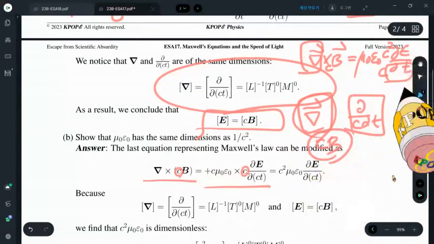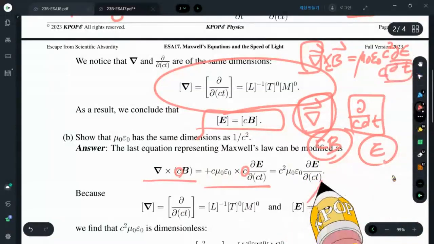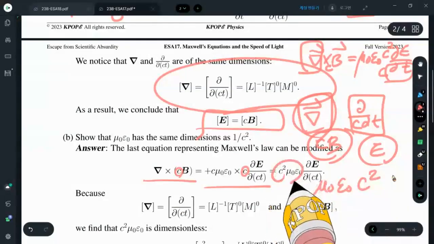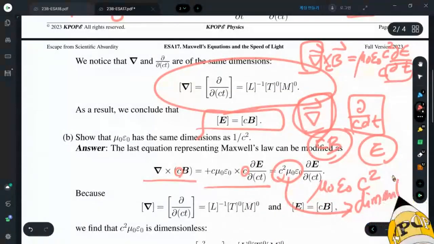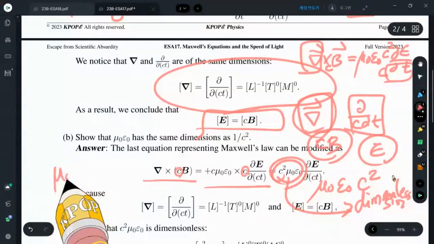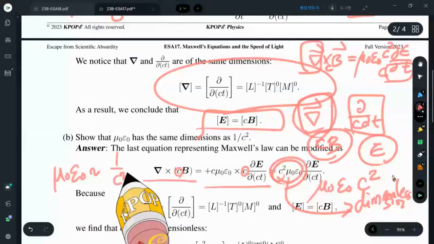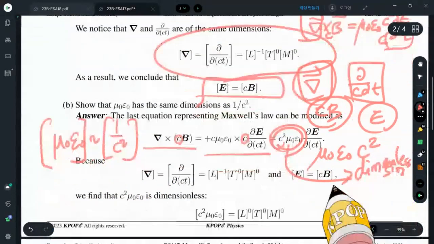C B and E, they have the same dimension. We find that mu 0 epsilon 0 multiplied by C squared should be dimensionless. Dimensionless. We expect that mu 0 epsilon 0 has the same dimension as 1 over C squared.